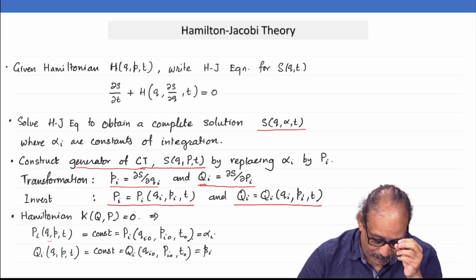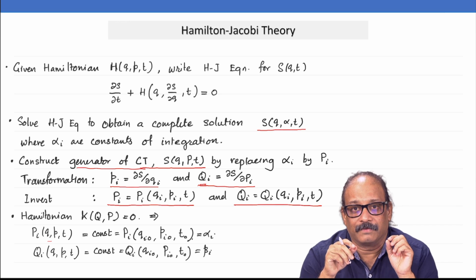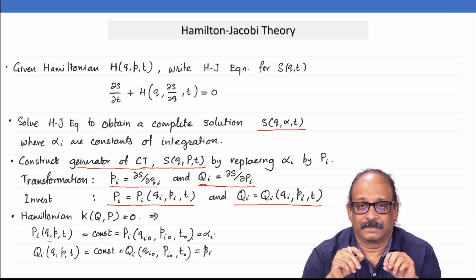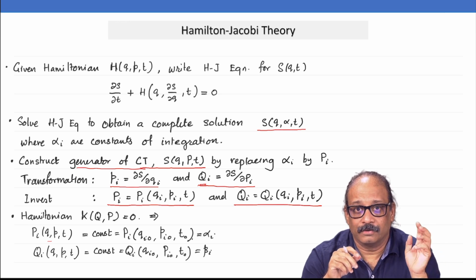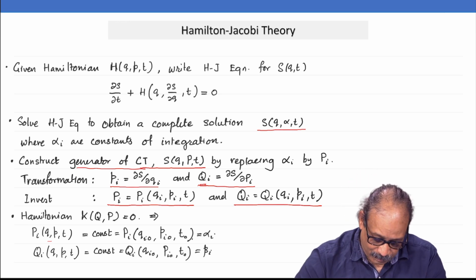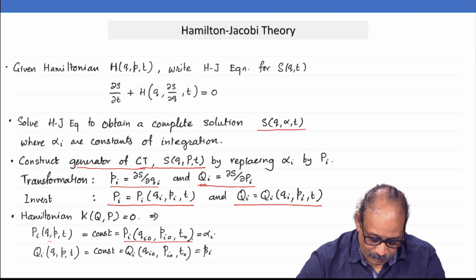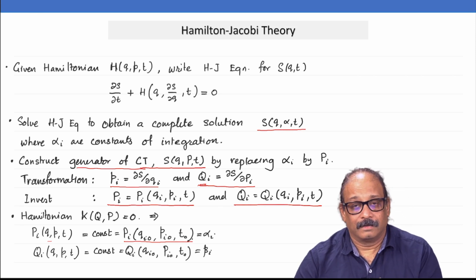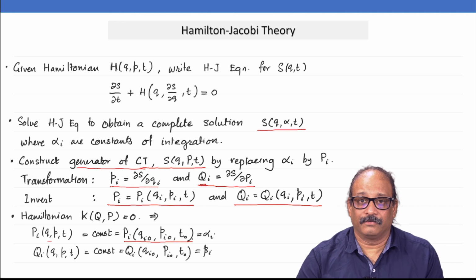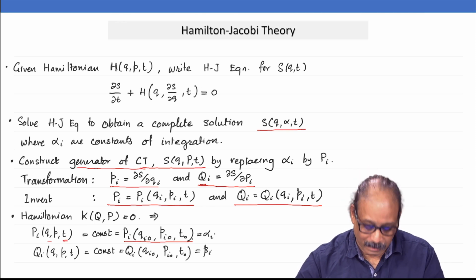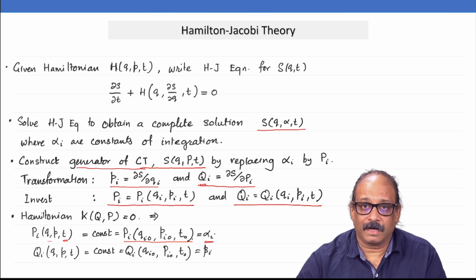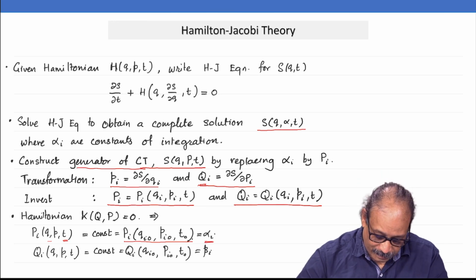Since we already know the transformation, if I plug in the initial point, that is t equal to 0, I already know q 0 and p 0, I know 2n constants there. So, once I put those there, I get the initial value of P, and this is a constant of motion. So, this is the value which will remain for all values of time t, okay? And we will call this alpha I. Same thing for the momentum, okay?